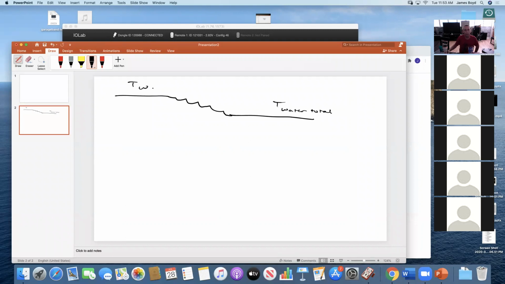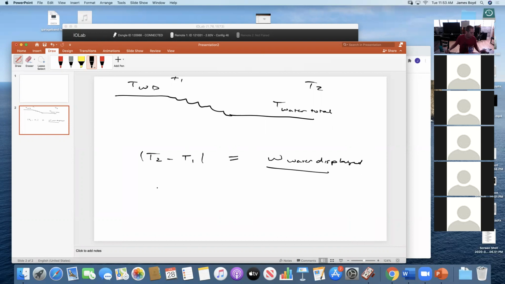This is the water displaced. So if I call this T2 and this is T1, if I take T2 minus T1, take the absolute value, this will give me the weight of the water displaced. And what I want is the volume of that. But this also will give me the buoyant force on this guy.